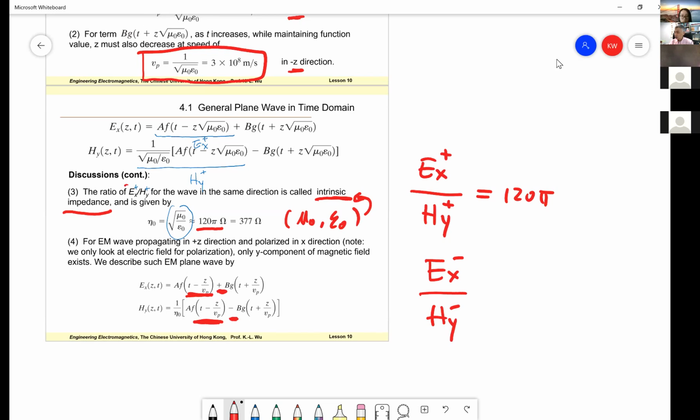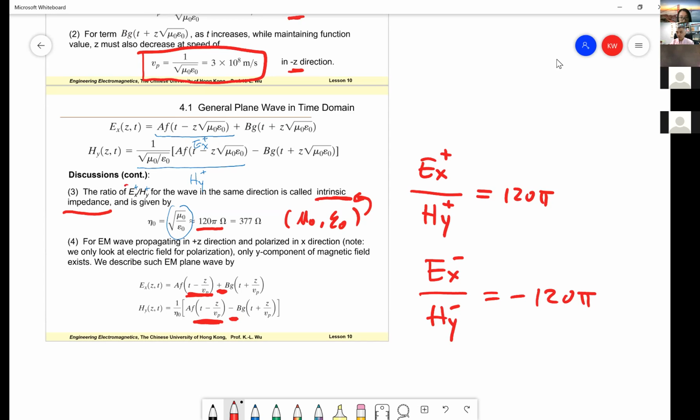So this equals minus 120 pi. Yes, this observation is very correct, but this doesn't mean they're not propagating in phase.